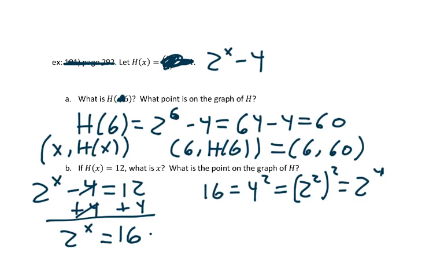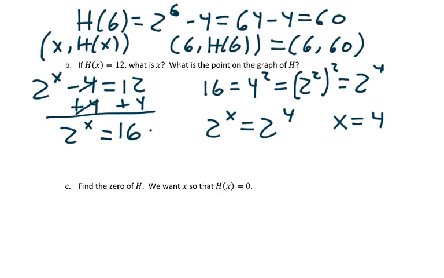So in other words, 16 itself is a power of 2. 16 is 2 to the 4th. So from here, we actually have 2 to the x is 2 to the 4th. But again, that tells us the exponents have to be the same. So because of that, we get x is 4. Good.